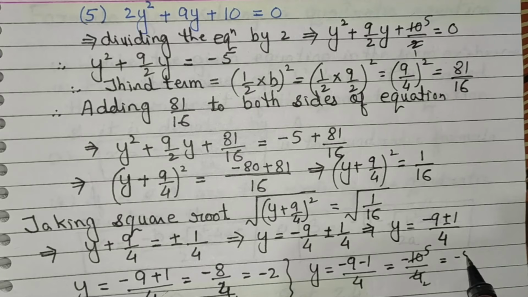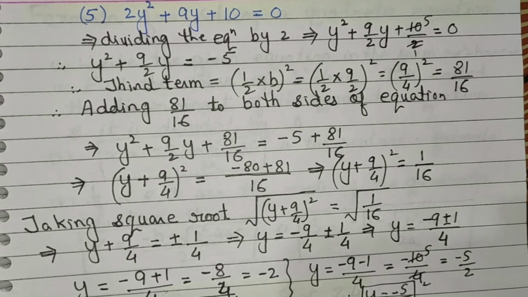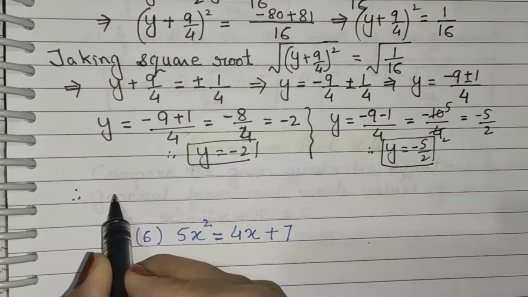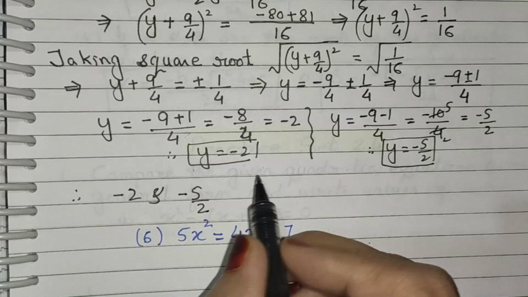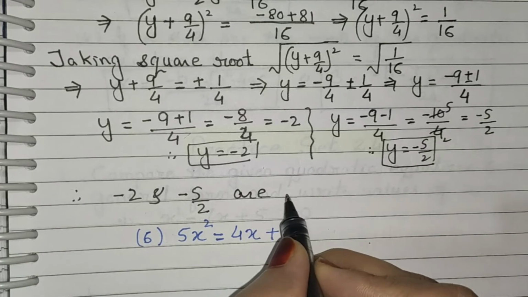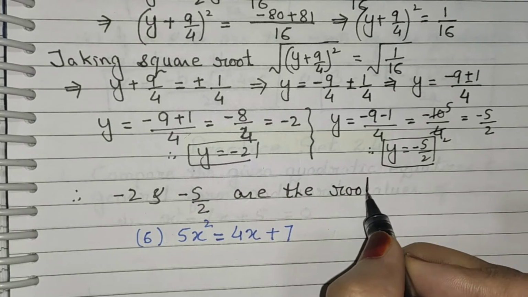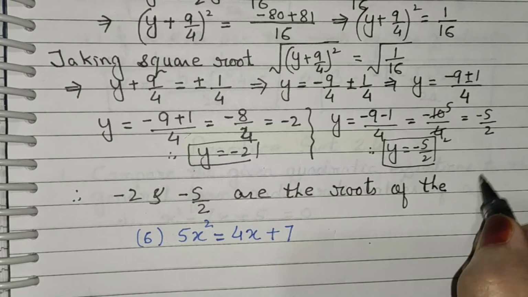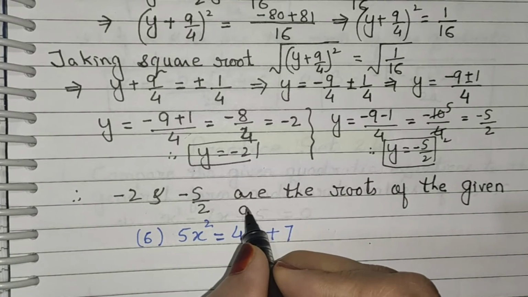Therefore, we get minus 5 upon 2. Therefore, y is equal to minus 5 upon 2. Now, write down the answer here. Therefore, minus 2 and minus 5 upon 2 are the roots of the given quadratic equation.